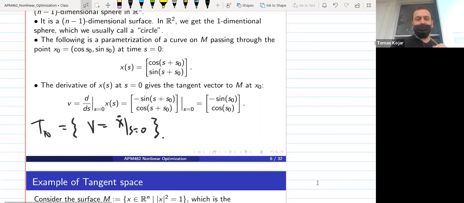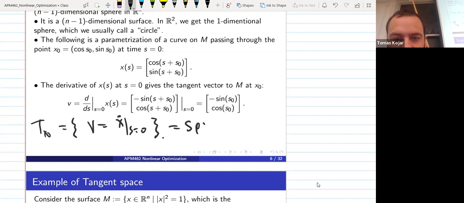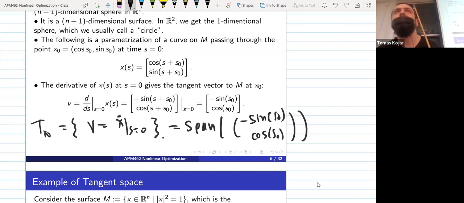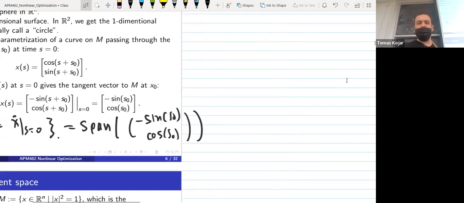Well, okay, let me first give you the space. In other words, it would be the span of, can I call this V, minus sine s naught, and then cosine s naught. But let me put some numbers there because this is way too abstract.